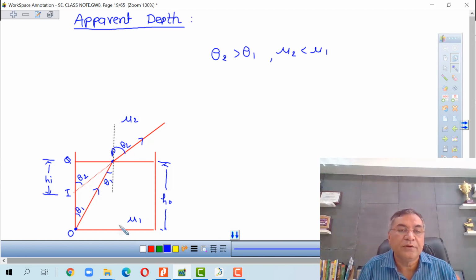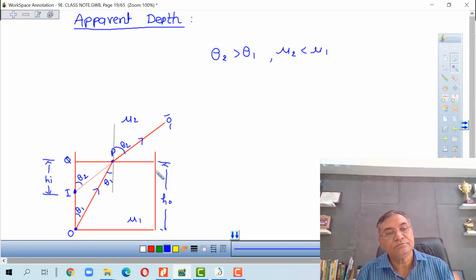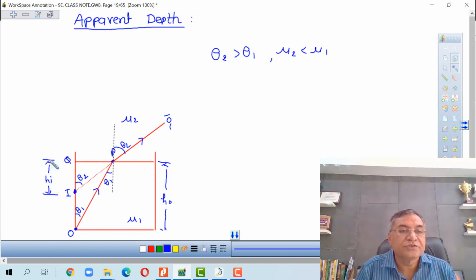Refractive index is mu 2, refractive index is mu 1. So when a person is looking, this ray is extended back, so the image will be formed somewhere here. So this is your image position and this is your object position. This HI is called apparent depth.